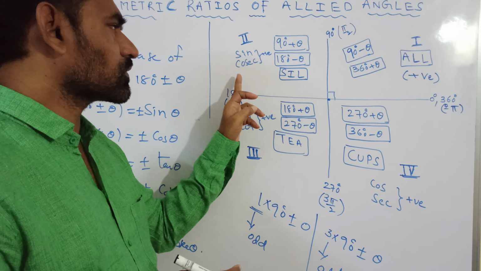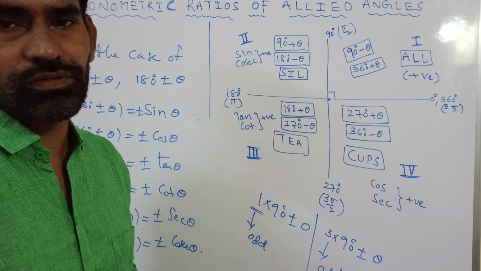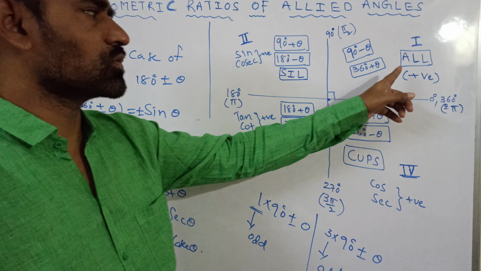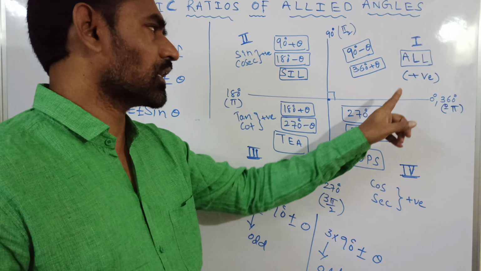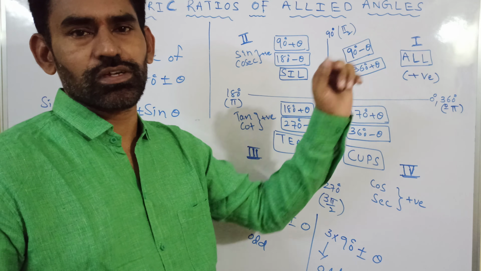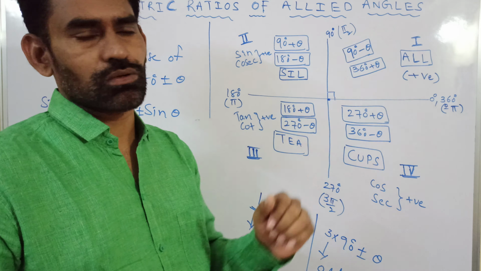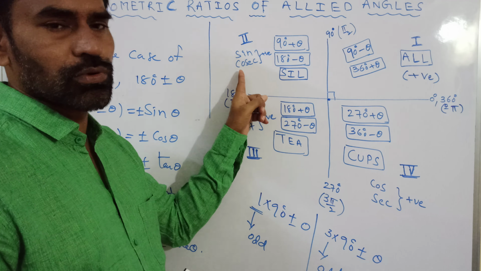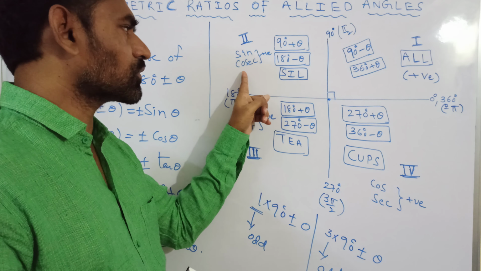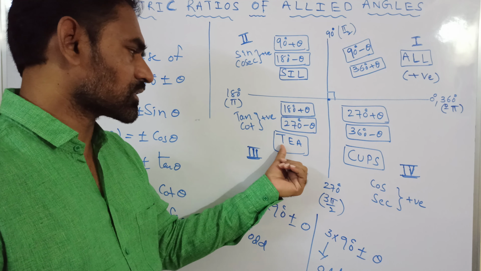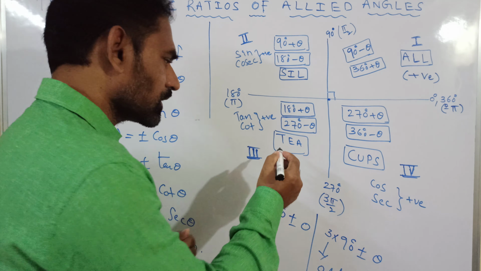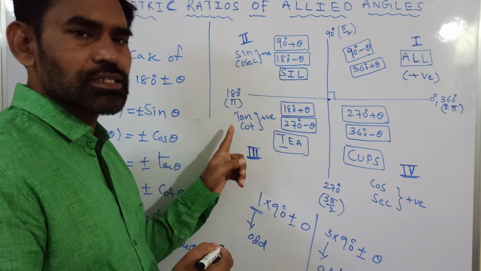You know already how to remember the signs of the trigonometric ratios: using the phrase, all silver tea cups. Here all ratios are positive in the first quadrant. In the second quadrant, silver: S stands for sin, sin reciprocal is cosecant. These two are positive, the remaining all are negative. In T, T stands for tan, tan reciprocal cot.